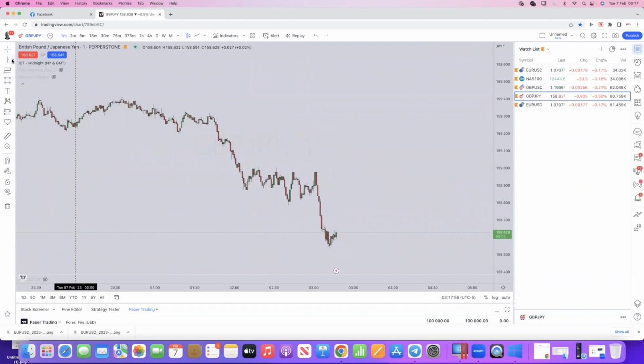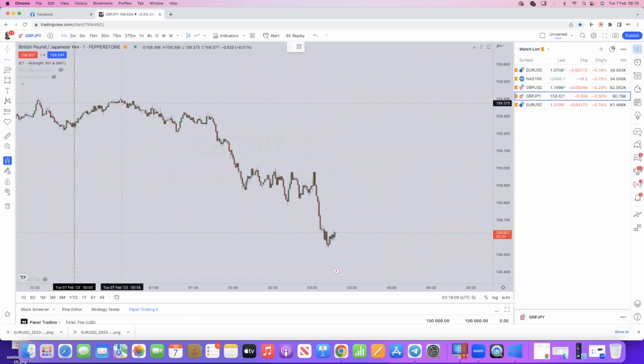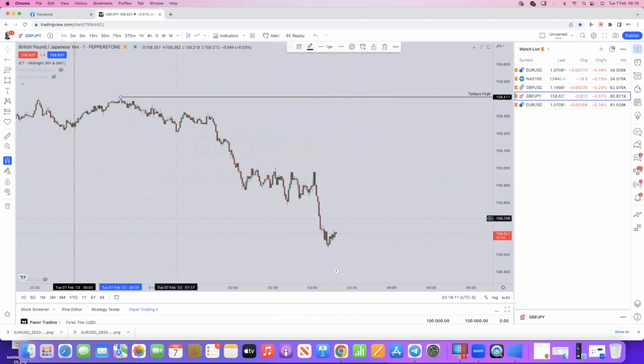We've got horizontal ray with the magnet, go to the highest point. Today's high. And as we stand at the moment, that is today's low.